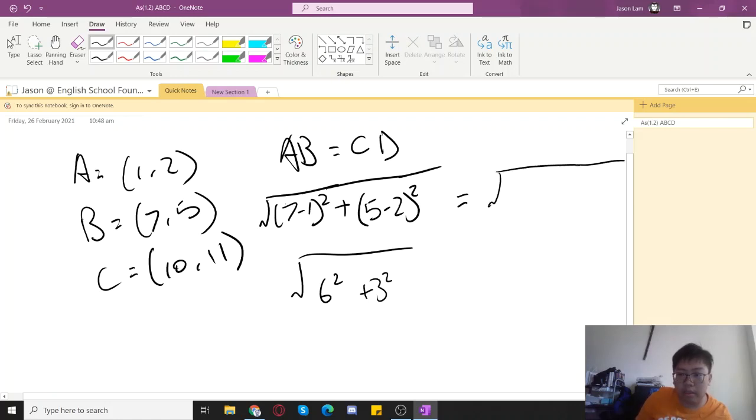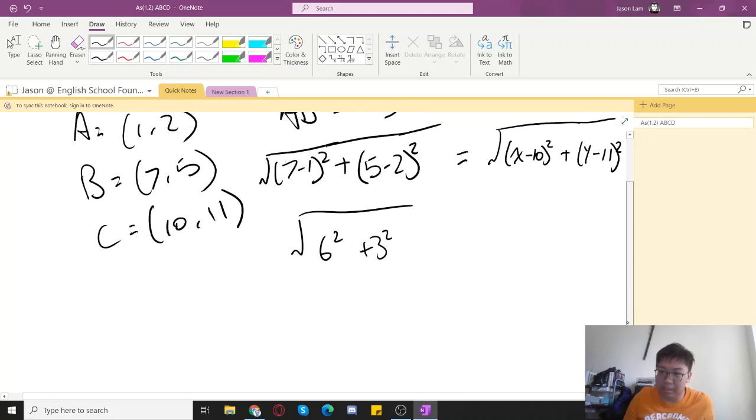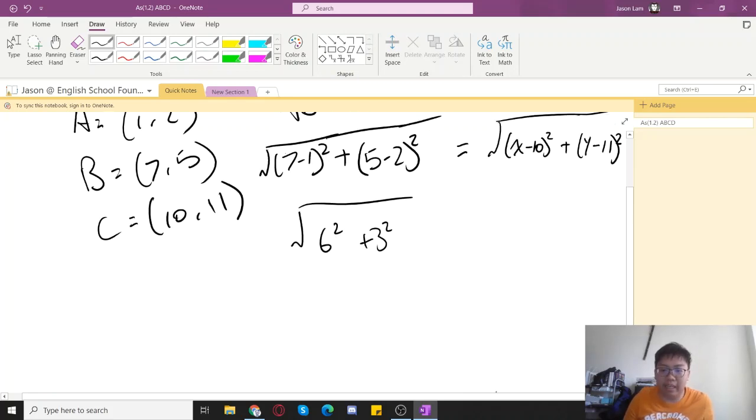Let's do this real quickly. So let's use x minus 10 squared. So this is going to be a simultaneous equation.